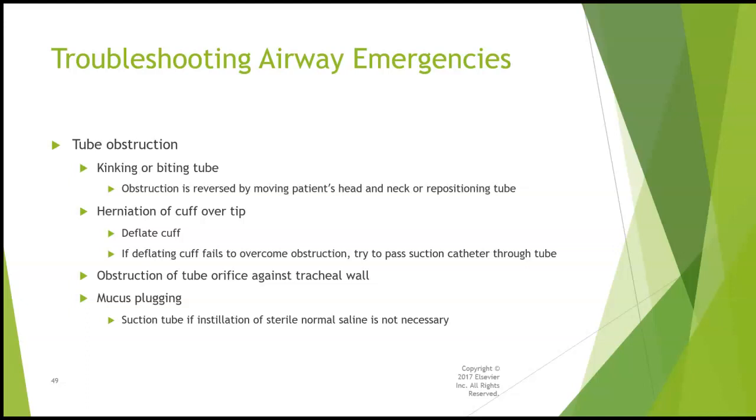You can try suctioning. We don't always like to lavage our patients, but typically seeing if you can pass a suction catheter is going to be helpful to remove any secretions.